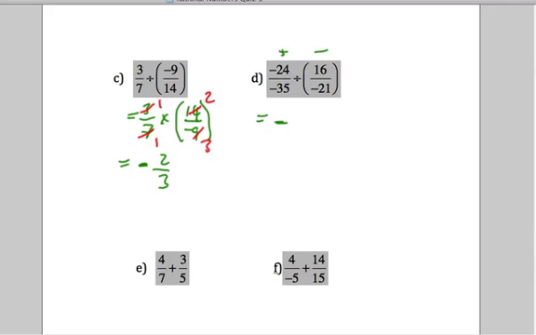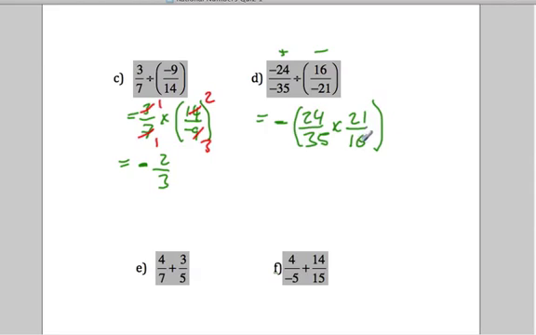When we rewrite this, it's going to be 24 over 35 times 21 over 16. And again, I've dealt with the sign, so we know that the answer is going to be negative.